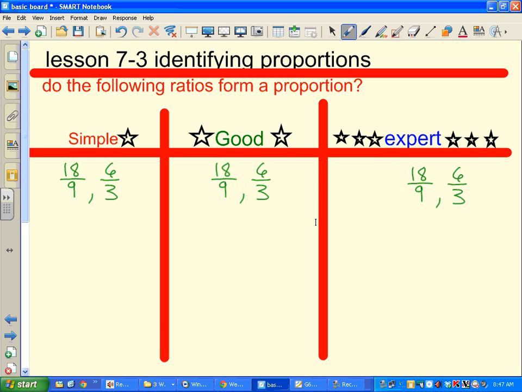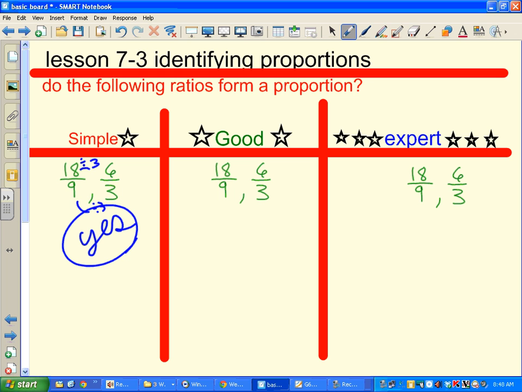Using the simple way, 18 times what gives me 6? Well, actually not times anything. I can also do divide, as long as I'm doing the same function. 18 divided by 3 gives me 6. 9 divided by 3 gives me 3. So this would say, yes, they are equivalent.